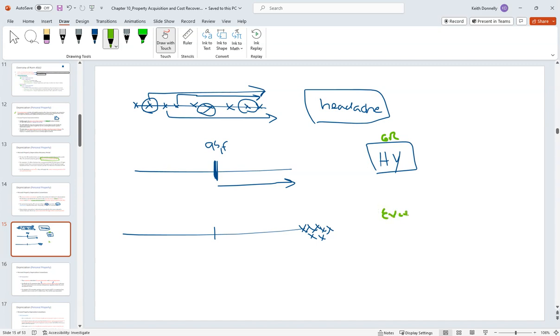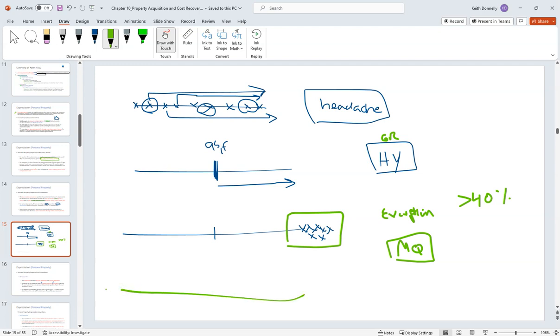The exception comes in and says, hey, you tried to game the system. That is to say, if you put more than 40% of your total assets for the entire year in quarter four, then we are going to use the mid-quarter convention. And what the mid-quarter convention says is, each one of your transactions, maybe you put something there, and then you put a couple at the end.